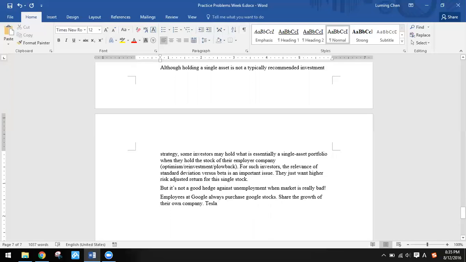If the tech bubble bursts, they will get unemployed and the stocks they hold will devalue. So holding a single stock, especially the stock of your own company you work for, is not a very good hedge against unemployment if the economy or the market is really bad.